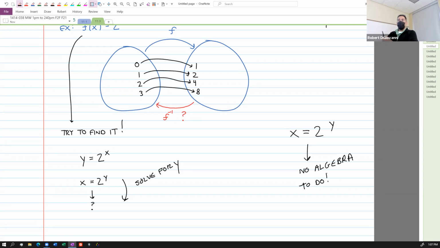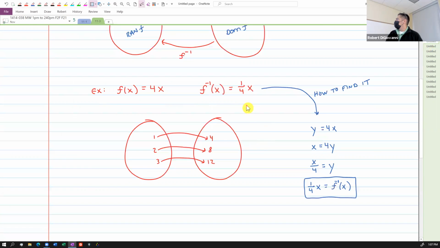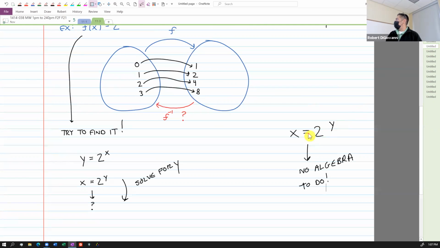There's no way I can write it down like something that you've seen before. Like this right here, 1/4 x, that is an algebraic function, right? Let's just take 1/4 of that value. I'm telling you, because I can't solve for y with any algebra, whatever the inverse function is, I won't be able to write it algebraically.